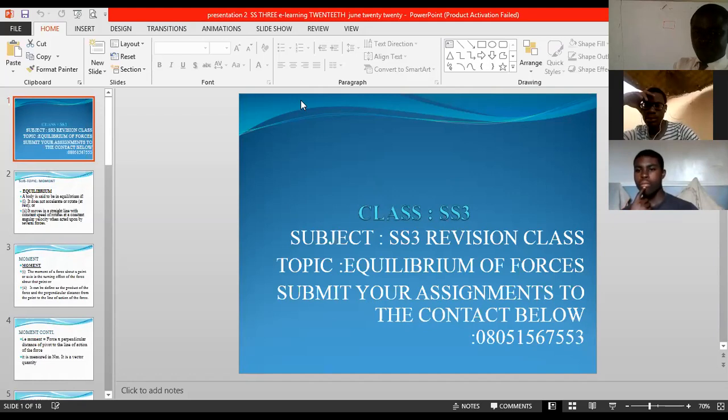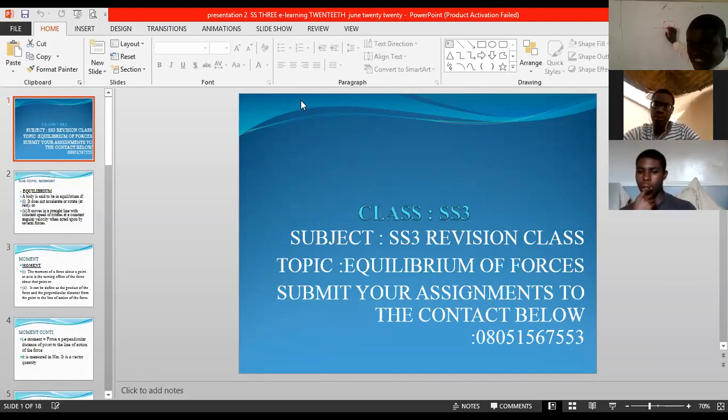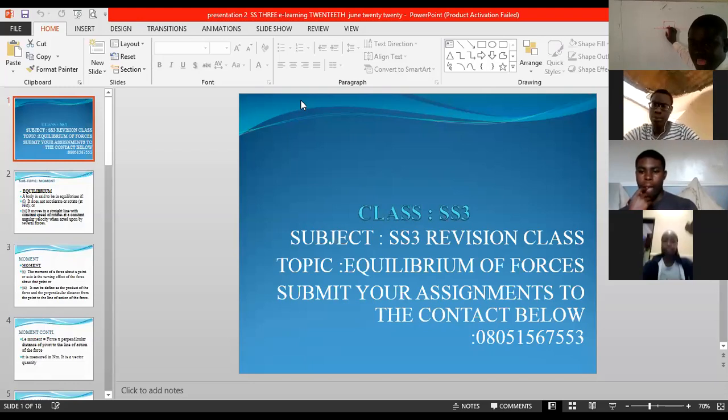Okay, now if you look at the board, I have a box. Let's assume this is a log of wood. Now, if this log of wood is placed on a horizontal surface and it is not moving, there are four forces acting on it.